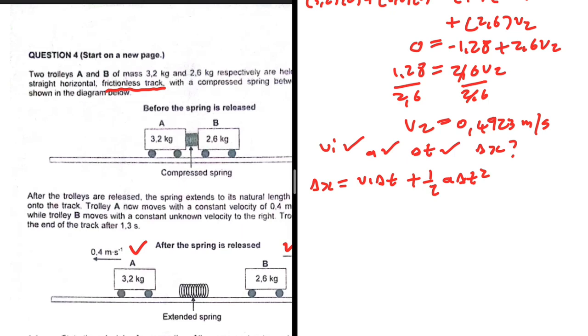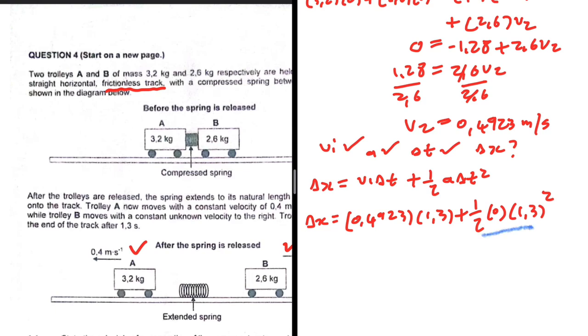But if you used this equation, then you're supposed to have delta x equals vi, which we just calculated, 0.4923, times delta t, 1.3, plus a half. The acceleration is 0, like we've said. The time is still 1.3, and we square that. This gives us 0, obviously, so we can just concentrate on this.